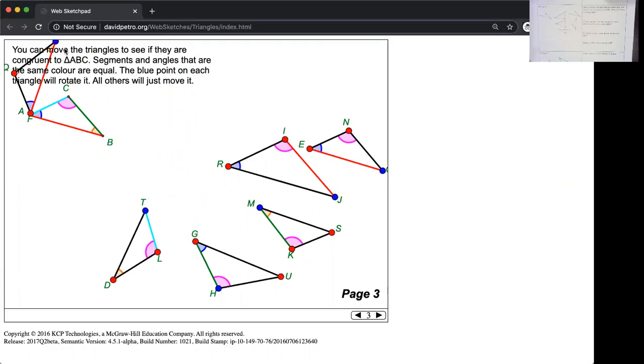And then I know I need a rotation, so I'm going to click on this blue point so I can rotate it. And after I rotate it, I can see that it lines up perfectly with triangle ABC. So I know that this triangle is congruent to ABC. So I'll move it over here to the right.